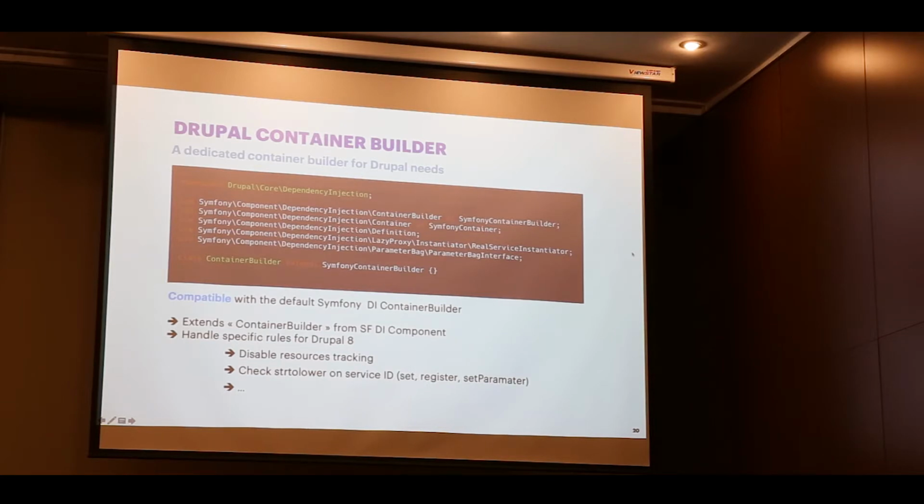Here the most important thing to see is that the container builder extends the Symfony container builder. And I say that the Symfony container builder is like the container of Symfony. Is it clear? Not clear?